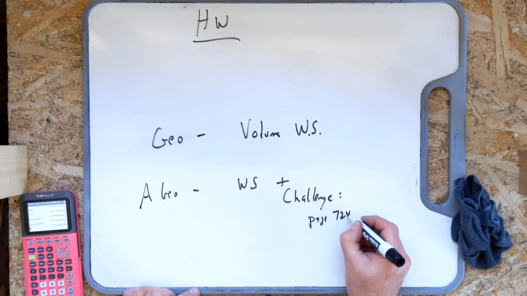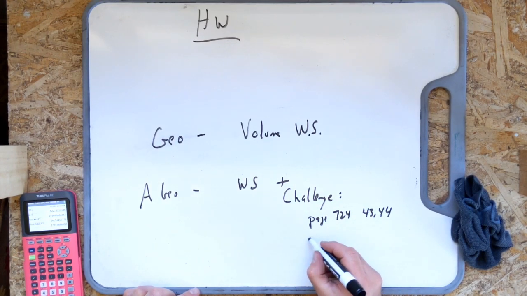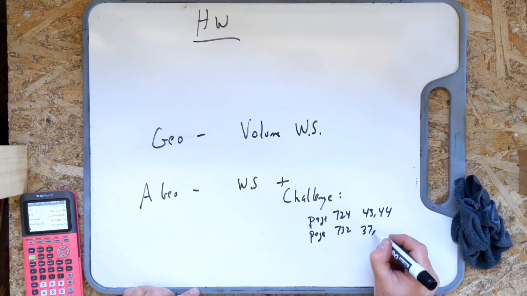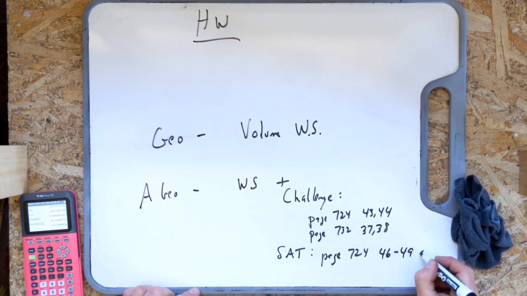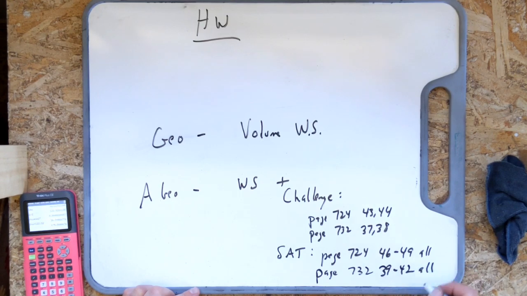Page 724, 43 and 44. And page 732, 37 and 38. Yes, that's right. And then the SAT problems are again on page 724, 46 through 49 all, and page 732, 39 through 42 all.